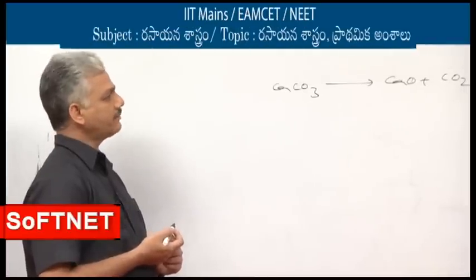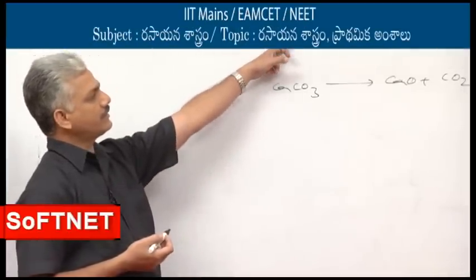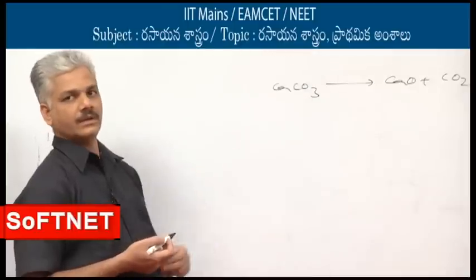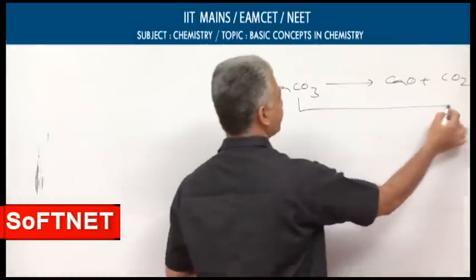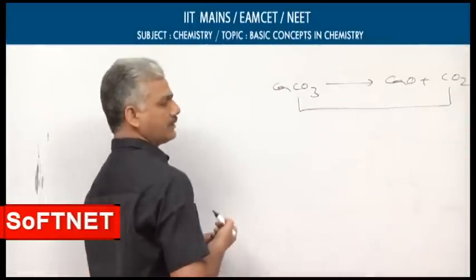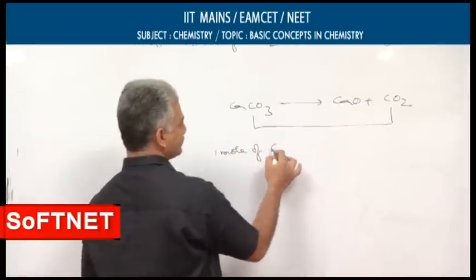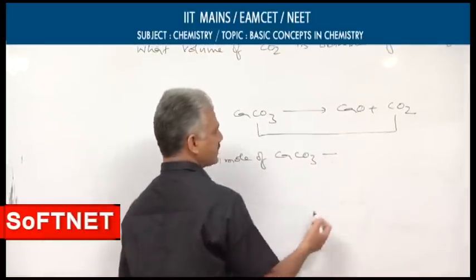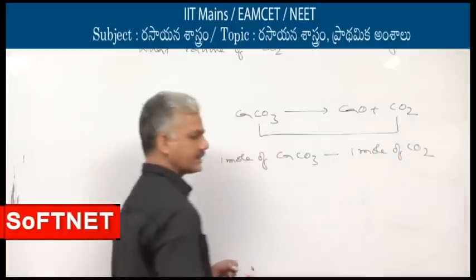Now, you have to pick up the molar relation required. You need to calculate the volume of carbon dioxide from a given weight of calcium carbonate. So, this molar relation we have to make use of: 1 mole of calcium carbonate can produce 1 mole of carbon dioxide.